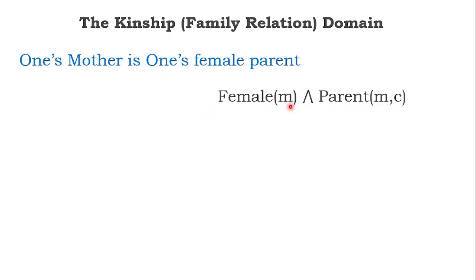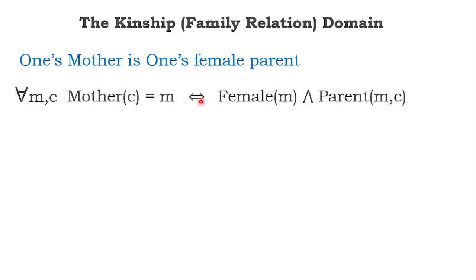M, you recall, M is a variable, but you recall it is a mother. C is nothing but child. Now, how to do it? Both are statements. M is a female, and that female is parent of child. That is female parent of child. Now, C's mother is M. Now, what is that statement?